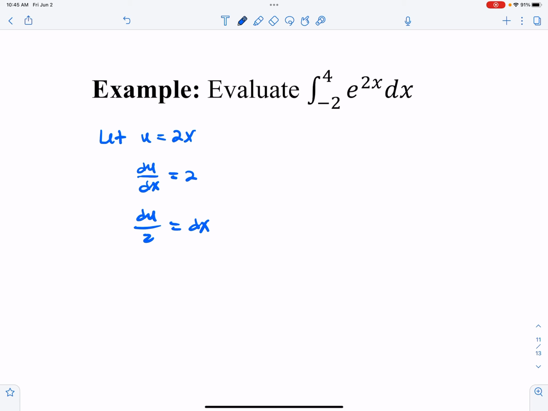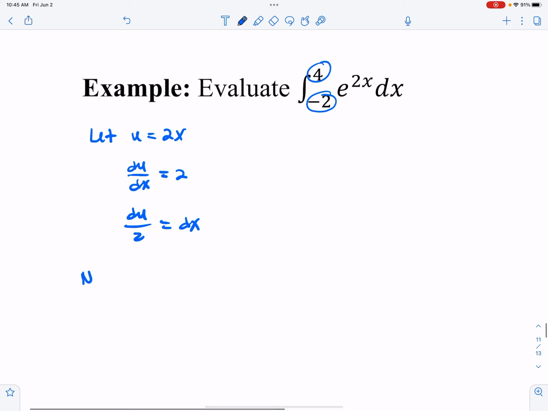We would also need to figure out what we would want to replace -2 and 4 with. So our new lower limit of integration we could find by taking -2 and substituting it into what we let u equal to. So that would be 2 times -2, which is -4.